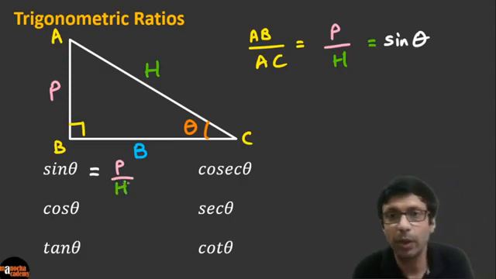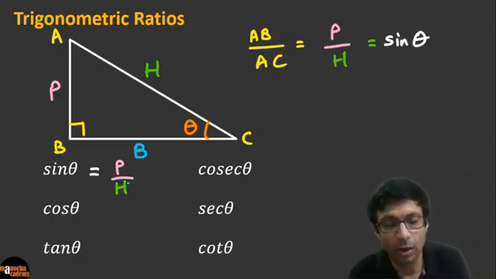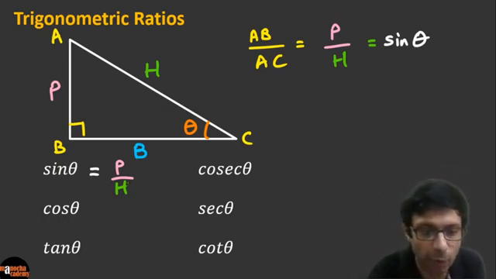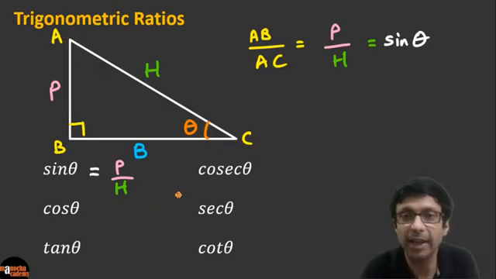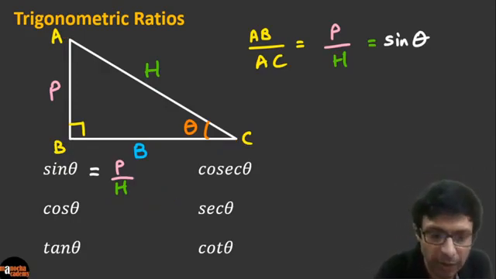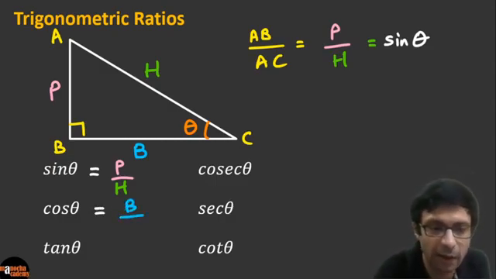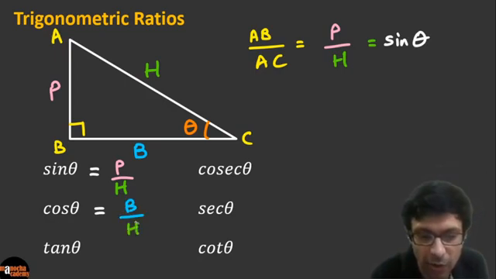Okay. Similarly, we can define the ratio of base by hypotenuse. So this BC by AC is defined as cos theta. So we say cos theta is called base by hypotenuse. So these are the standard definitions, right? We can't change it. So these are the notations.